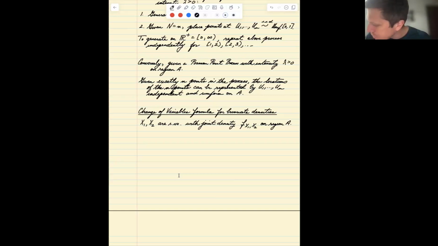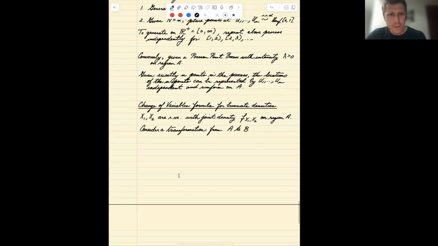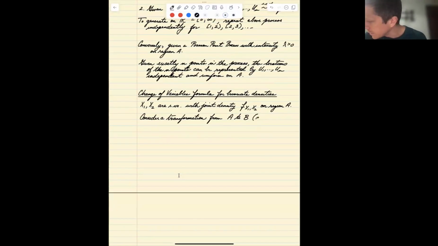And let's consider a transformation which takes each point in A to a point in B, some other region. Okay, so B is another region.